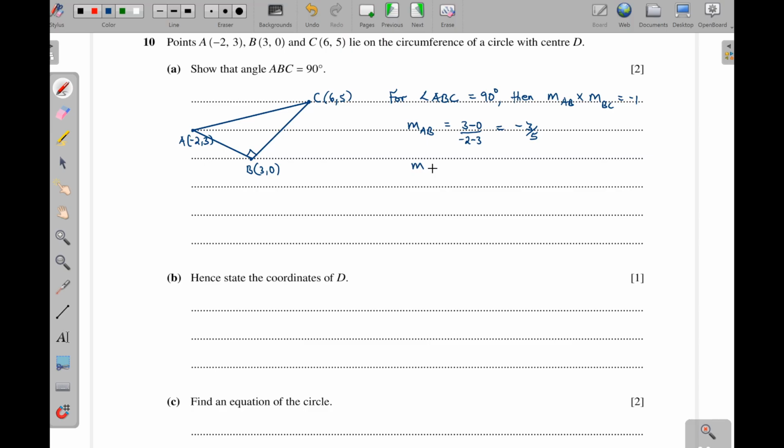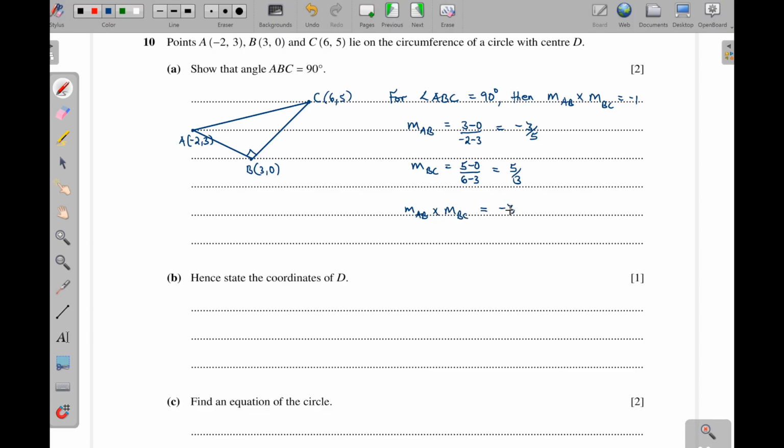And then the gradient of BC, we shall have the change in y, so 5 minus 0, then out of 6 minus 3. We have 6 minus 3, and this one will be 5 over 3. Now, let us see the gradient of AB, then times the gradient of BC. What do we get?